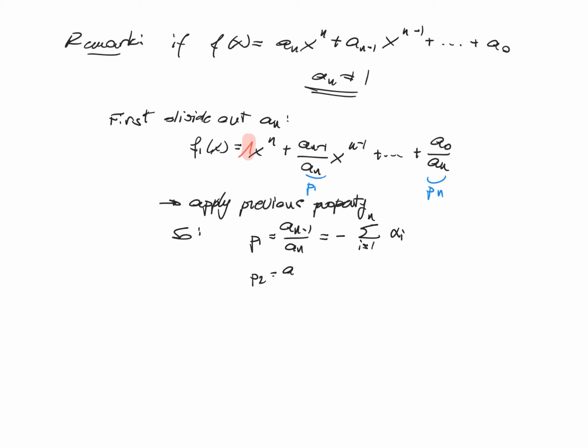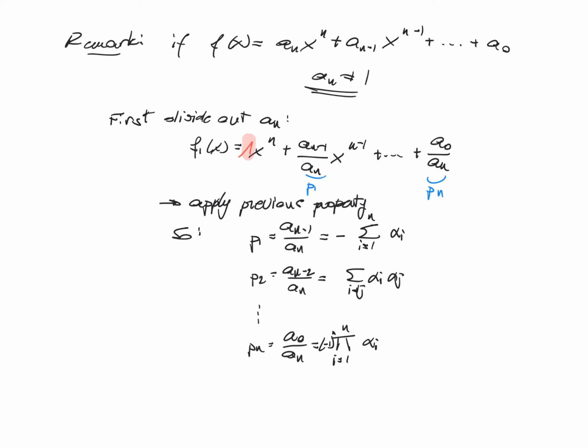P2, which is equal to an minus 2 over an, is the sum of all products of two roots, so alpha i times alpha j, with i different from j, and so on, up to Pn, which is a0 divided by an. This is just the product of all the different roots, so it's a product of alpha i, i is 1 to n.